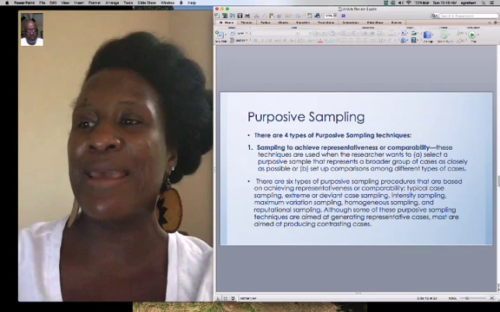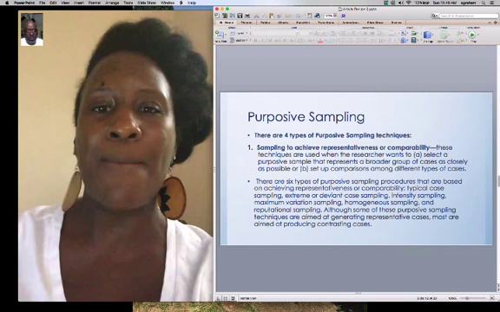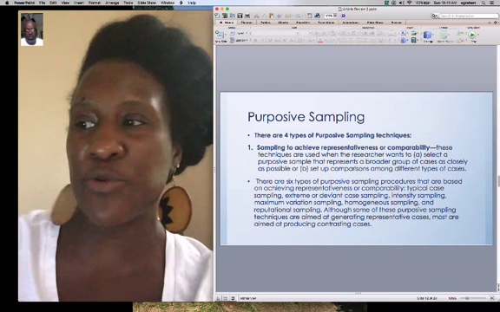That's the main component of purposive sampling that I saw the authors trying to convey. Purposive is more about comparing types of cases, making comparisons, or conclusions based on those comparisons. And they specifically noted 6 types of sampling procedures that are based on achieving representativeness or comparability.